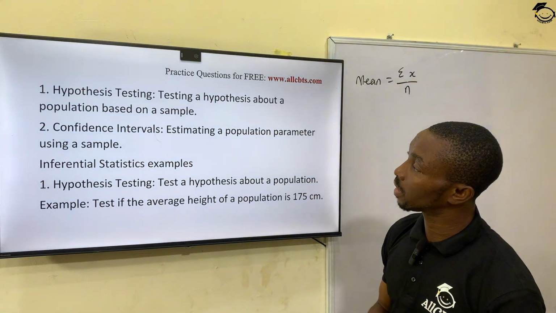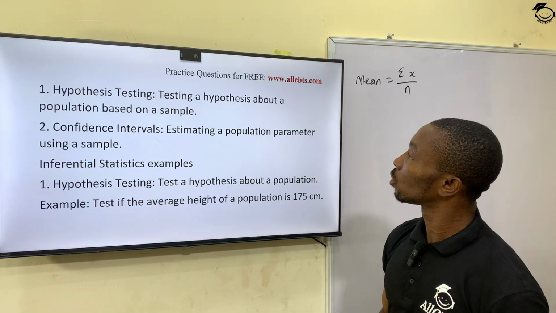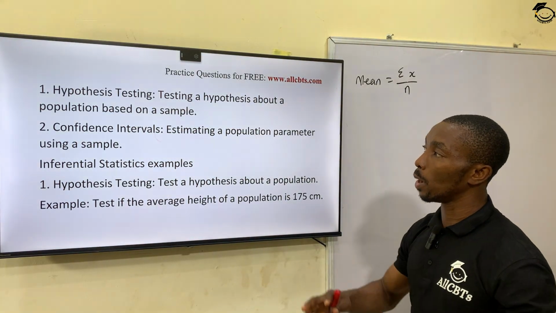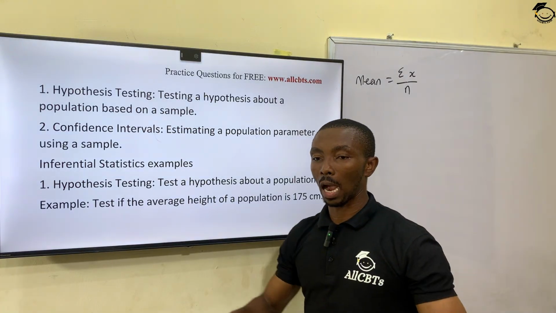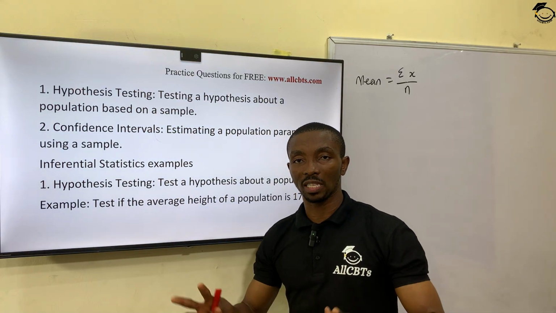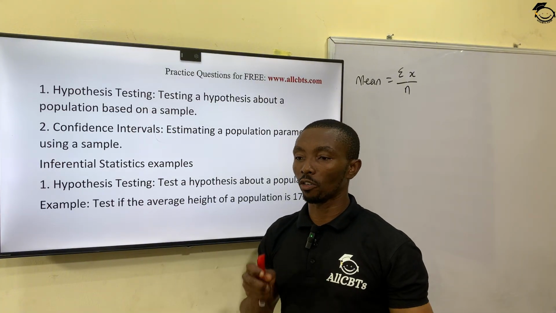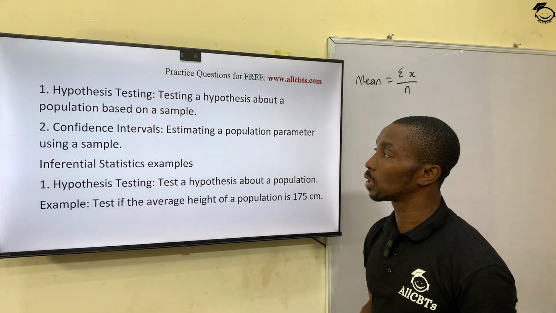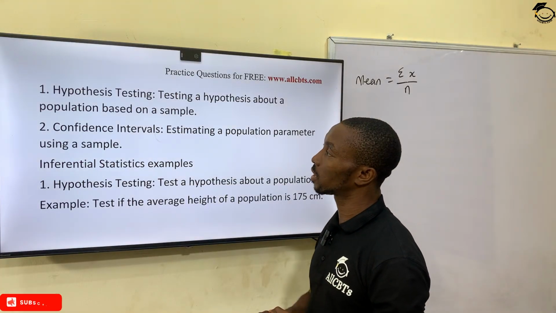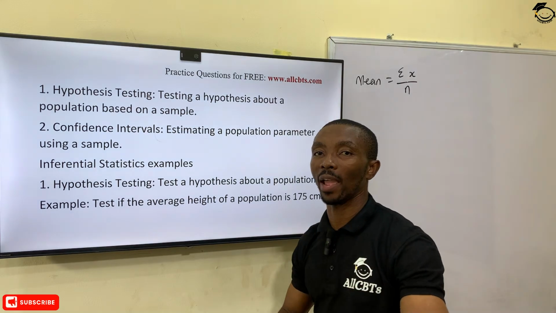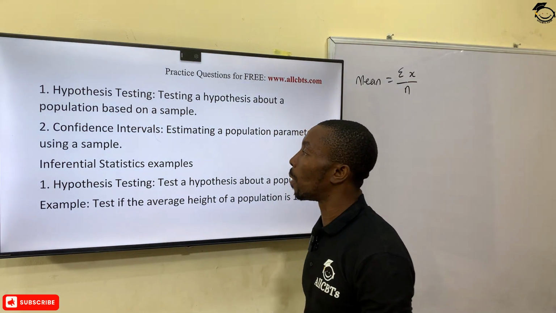Hypothesis testing is where you test a hypothesis on a population. Out of a group of people, you select a certain number of people as your sample space and test your hypothesis on them to know how it will affect the entire population.